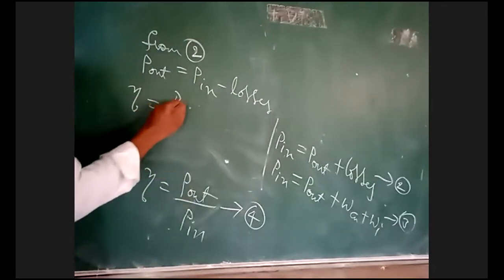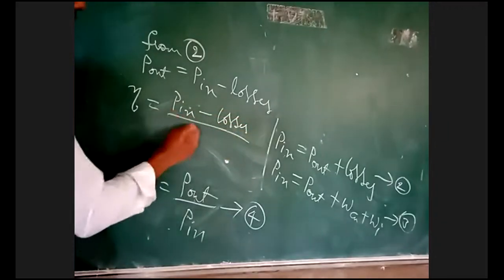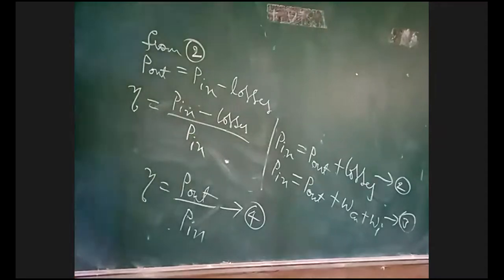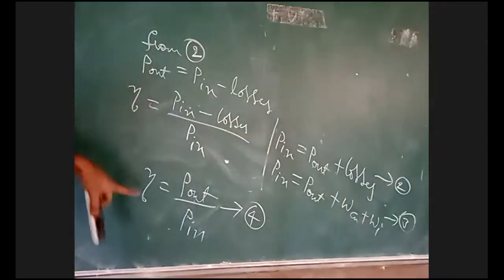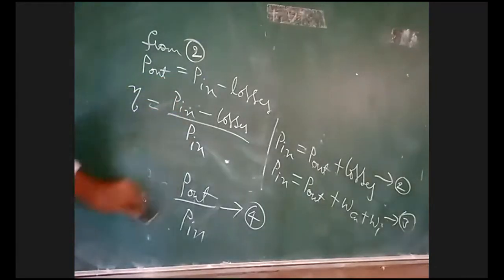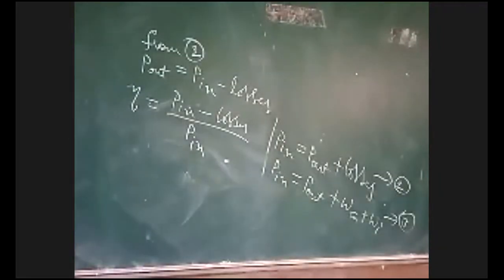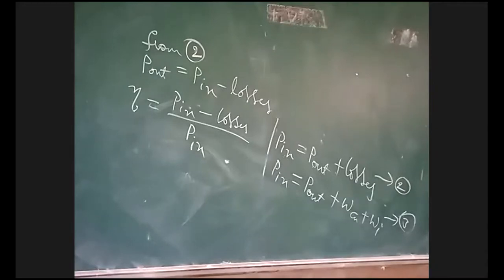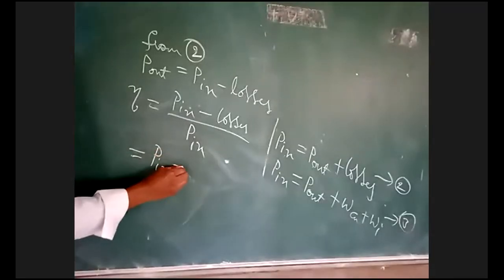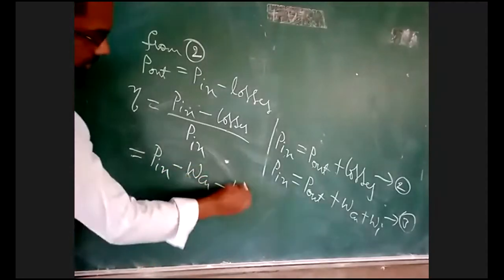Therefore, efficiency is equal to input power minus losses by input power, which is P in minus WCu minus Wi.